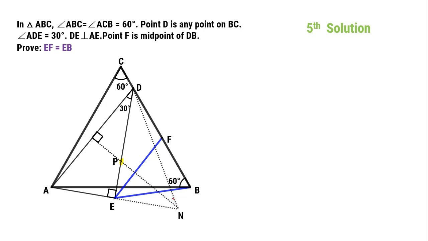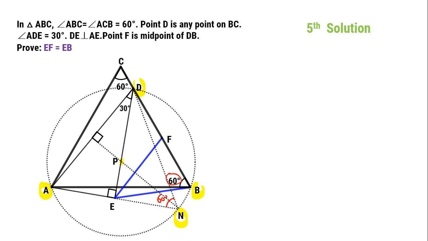Because angle AND equals angle ABD, the four points A, N, B, D are on the same circle. Their center point is point P. Find point R, the midpoint of DE.